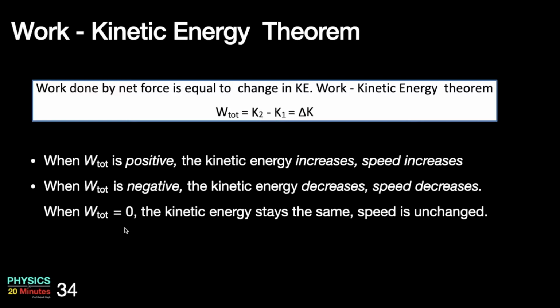When W total is 0, then the kinetic energy stays the same, speed is unchanged. So if a car is moving at a constant speed, still the engine is working, still friction is working, still air resistance is working, but the total work done is 0 because the speed remains unchanged, and so does its kinetic energy.